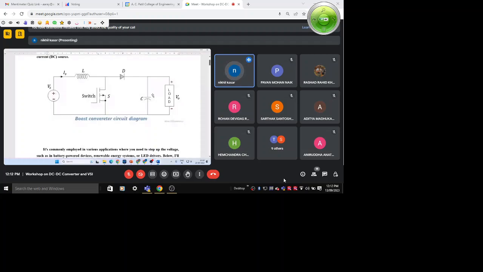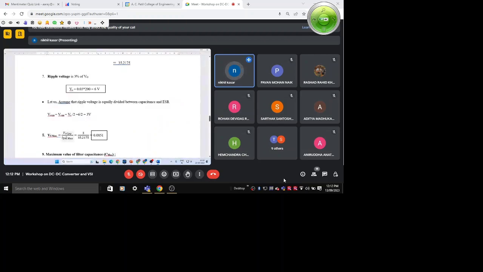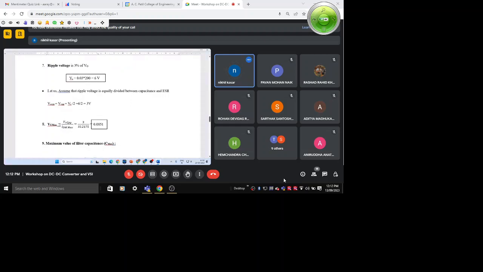VC max we require, and IDM, that is the maximum value to flow, divided by 35, just 0.0851.